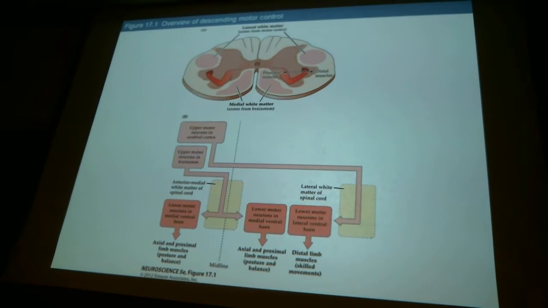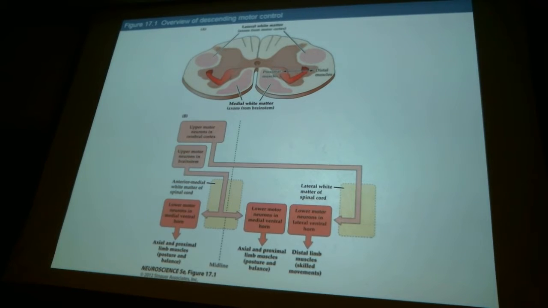Okay, so there's a real functional dichotomy here in what types of movement these descending projections control. And it kind of makes intuitive sense, right? We think of the motor cortex as being involved in voluntary movement, throwing balls and so on. And we think of the brainstem as being really fundamental, right? Breathing and cardiovascular function and all those things. And it's also important to this fundamental thing of keeping you upright. Okay, so that's one way to remember the difference between those.